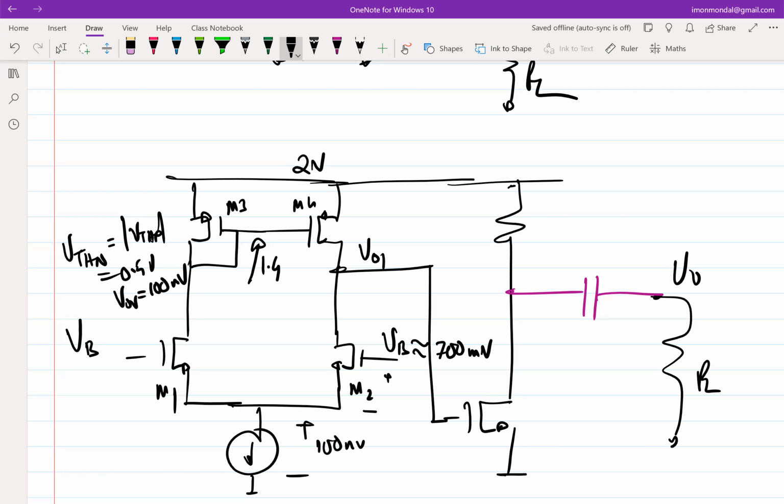So this can go to 1.9 volt on the higher side. On the lower side, how much can it go to? 700 millivolt minus threshold voltage, right? 200 millivolt. It can go to 200 millivolt.